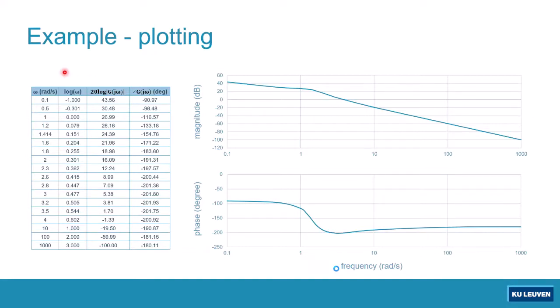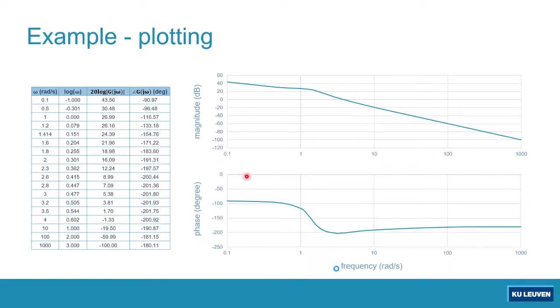After I plot the magnitude in dB scale as a function of the logarithm of the frequency, I will get the first plot. As you can see here, this is the magnitude in dB scale as a function of frequency in logarithmic scale. For the second plot, I plot the angle, the fourth column of this table, against the frequency in logarithmic scale.